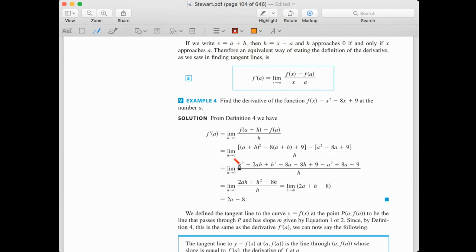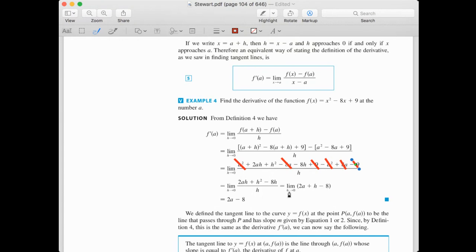Well, we simplify. We have a squared minus a squared, negative a squared and positive a squared, positive 9 and negative 9. What's left? 2ah plus h squared minus ah. Every term has h, so factor out h. Simplify with the denominator h, we have 2a plus h minus 8.